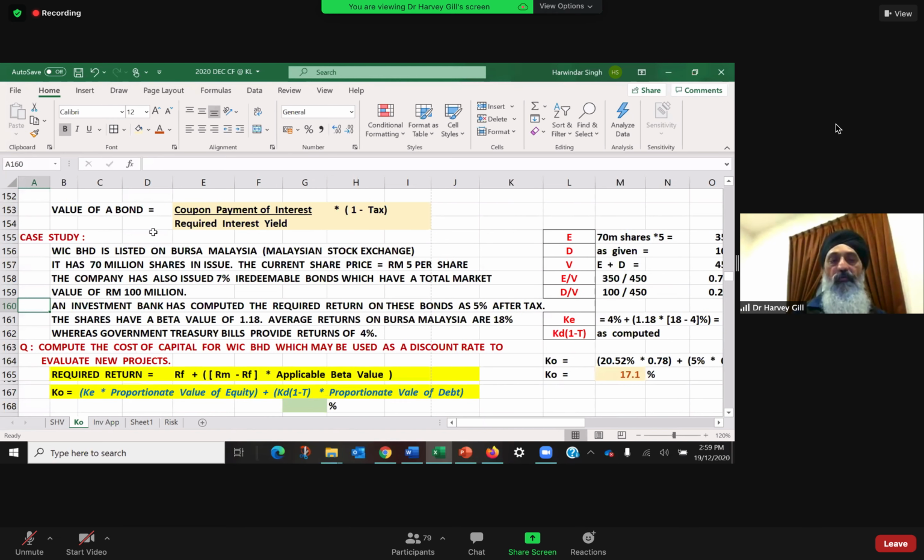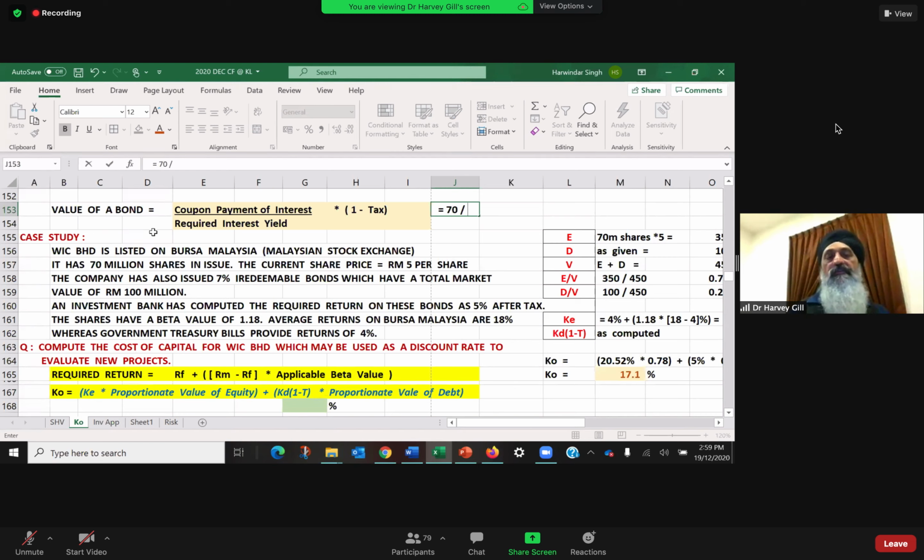So if you had taken, for discussion purposes, the coupon payment interest rate of 7% for every 1,000 ringgit bond, it would be 70 ringgit.